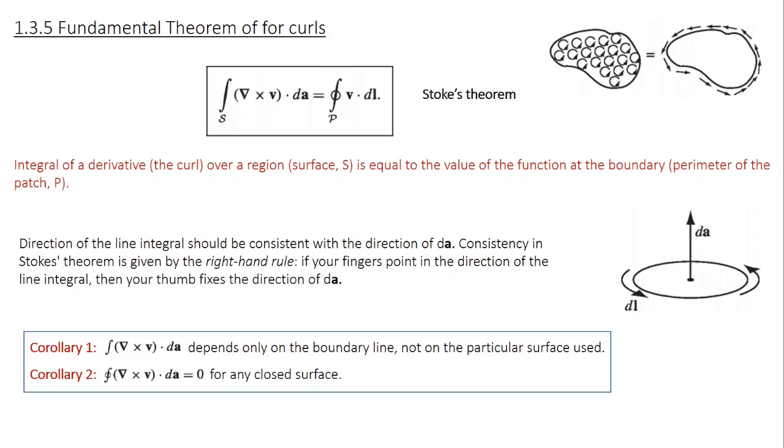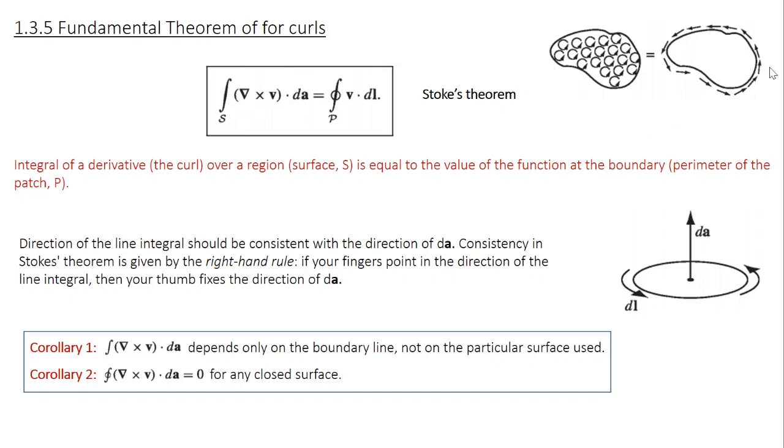Now you want to calculate the total rotation of the function. You can go to each point on the surface and calculate the curl of the function and add them up. This gives you the total rotation effect of the function. In other words, you take the surface integral of the curl.